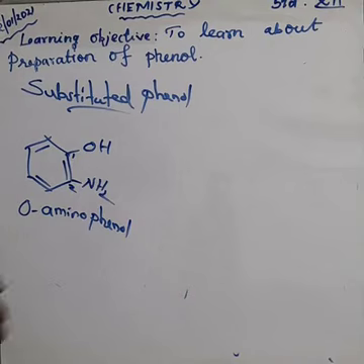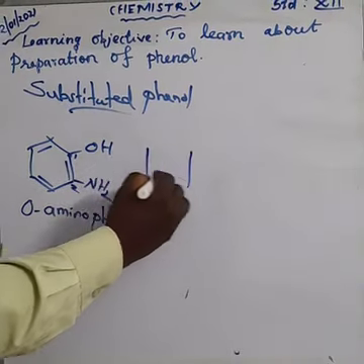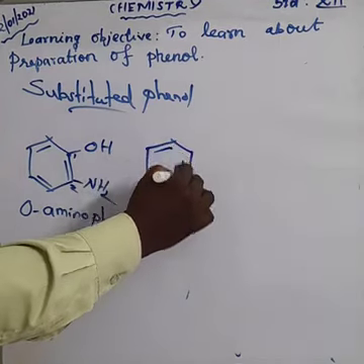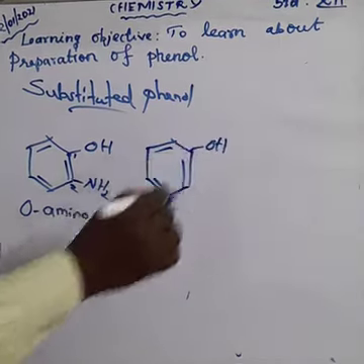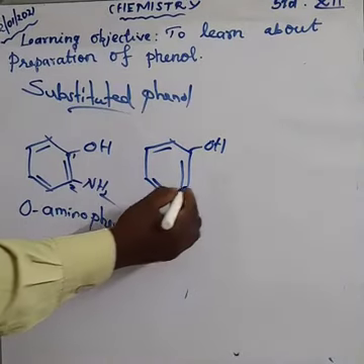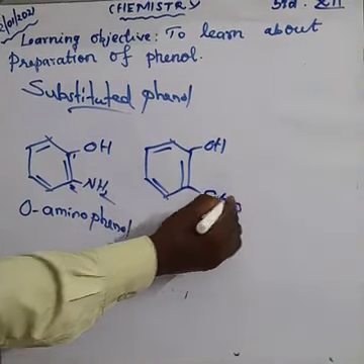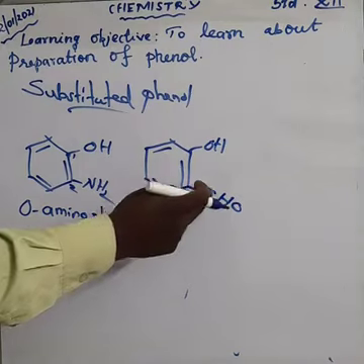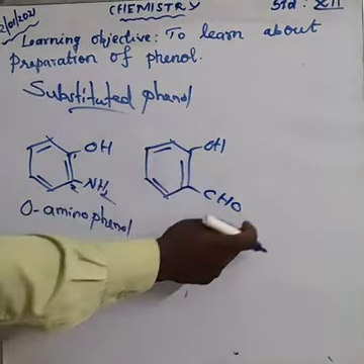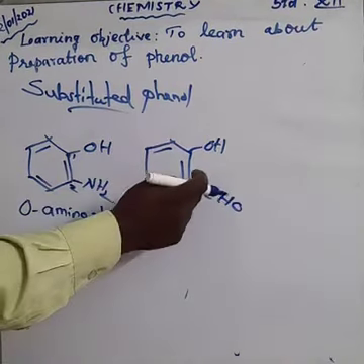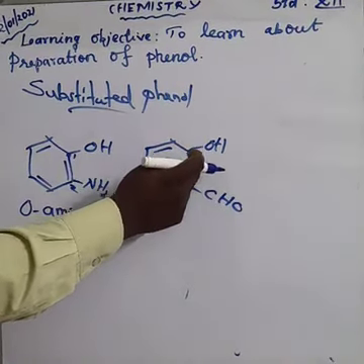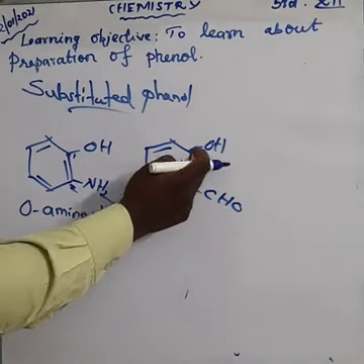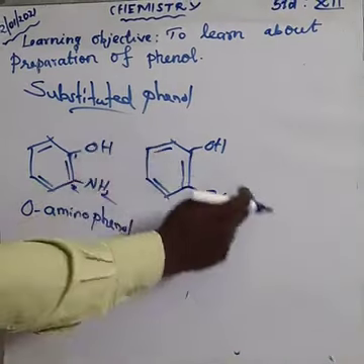Okay. Next, one with an aldehyde. We are going to see one with an aldehyde. That functional group will be CHO. Here, this is an organic compound and the nearest, the ortho position, has OH. So the name of the compound is orthohydroxybenzaldehyde.